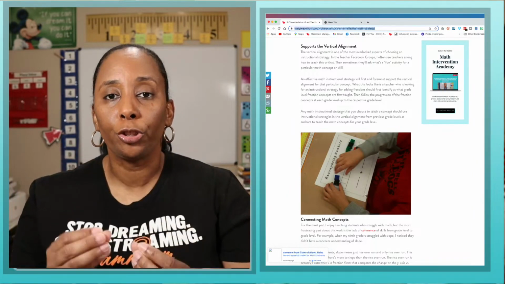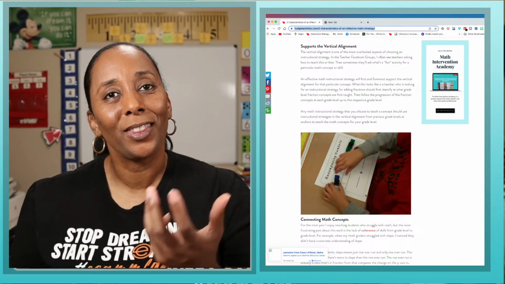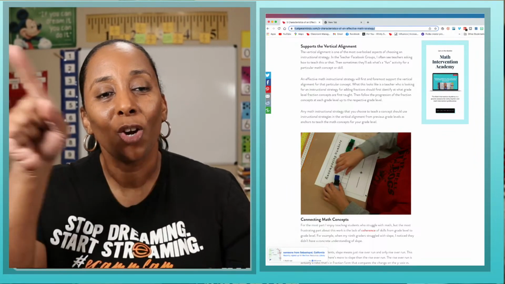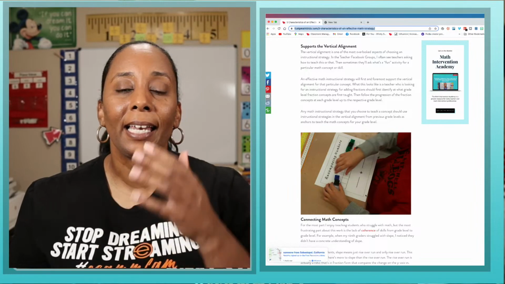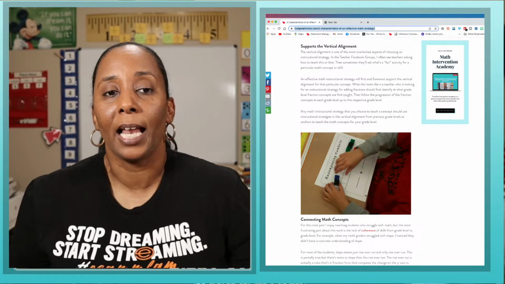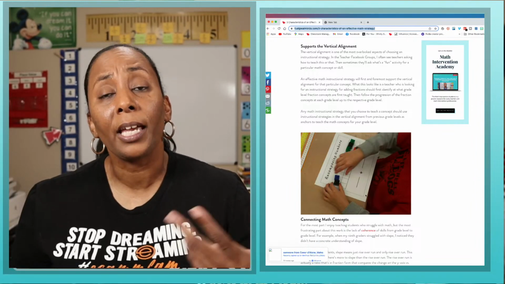If you choose a strategy, let's talk about an ineffective strategy. Your butterfly method, cross multiplication for comparing fractions. It does not support the vertical alignment. It doesn't, not in the fraction strand. But you might say, well, the kids do understand it.